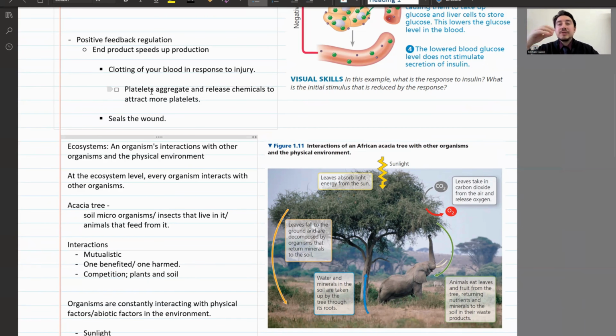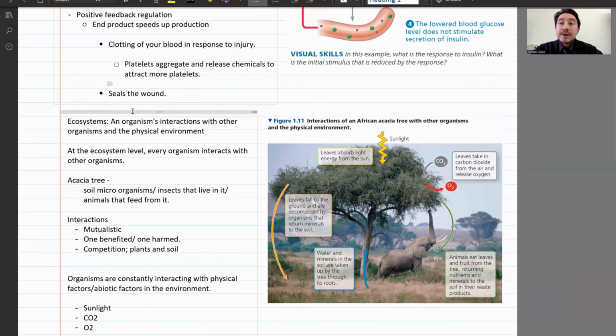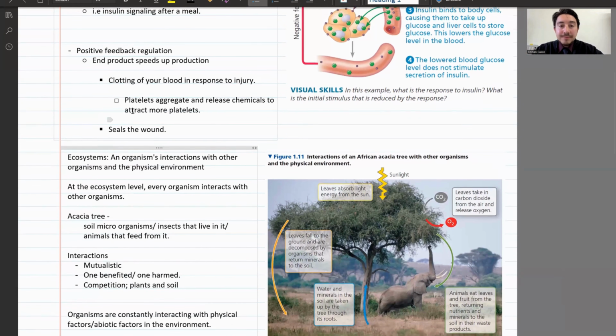Platelets are particular structures that can help seal a wound. But as they're sealing and they're coming, they release more chemicals to attract more platelets. So you need a different mechanism to stop that from happening because you don't want to overclot. That could lead to a problem. Of course, in a normal situation, we do tend to regulate it well until the wound is sealed adequately. Okay, feedback regulation. We're going to see many more examples later on.